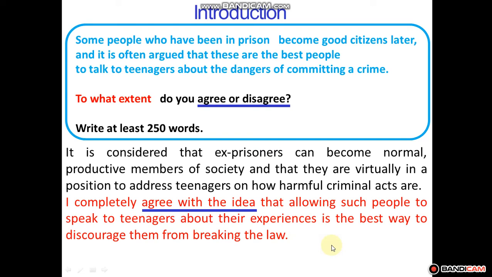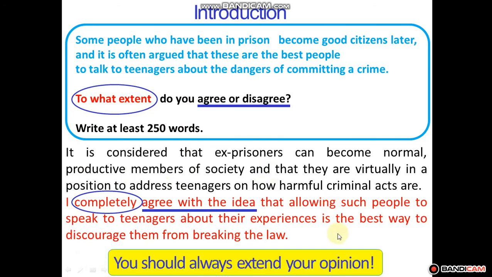Well, you have to show here in your thesis, I completely agree, I partially agree, I mostly agree or disagree with the idea. All right, now these words are very important to be shown here, as you can see in this bold type highlighting.